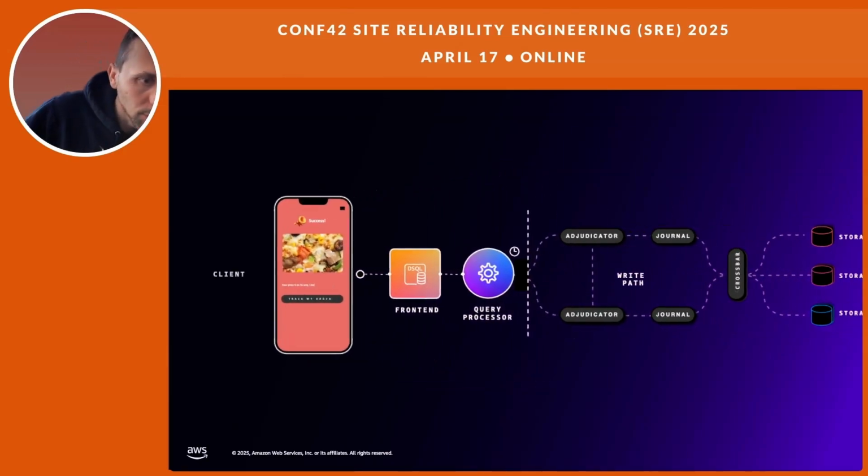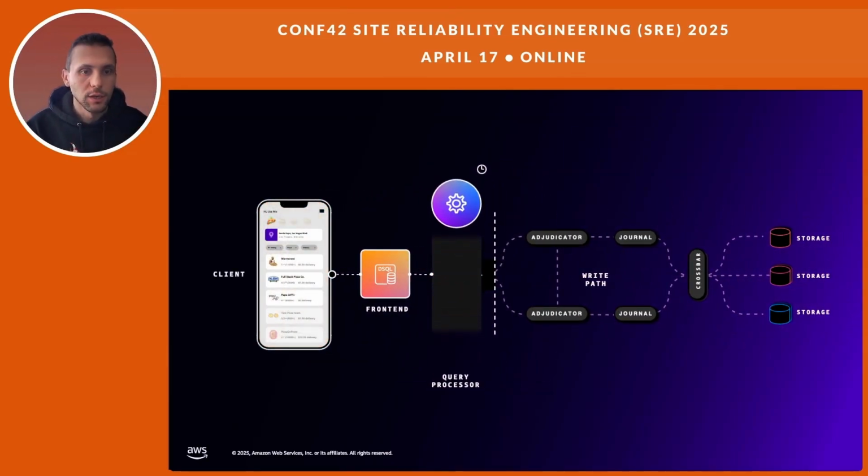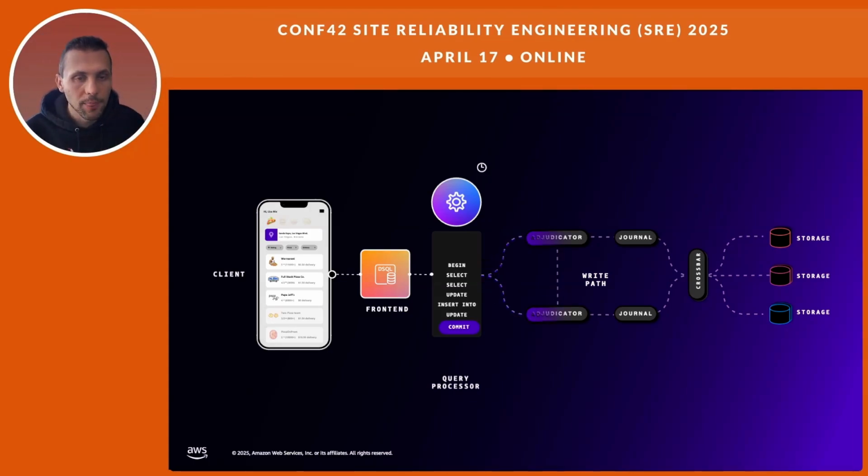Again, what we're going to do here is have a transaction start time using Amazon Time Sync. The query processor will get a snapshot of the data from that start time, the T start. That snapshot is loaded into the query processor, and then every single read and every single write will only be done within that specific query processor.